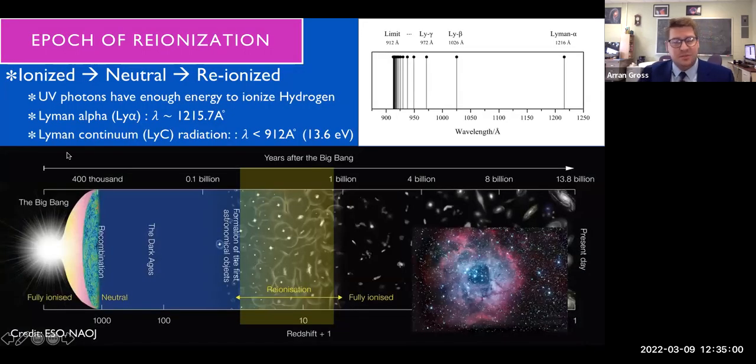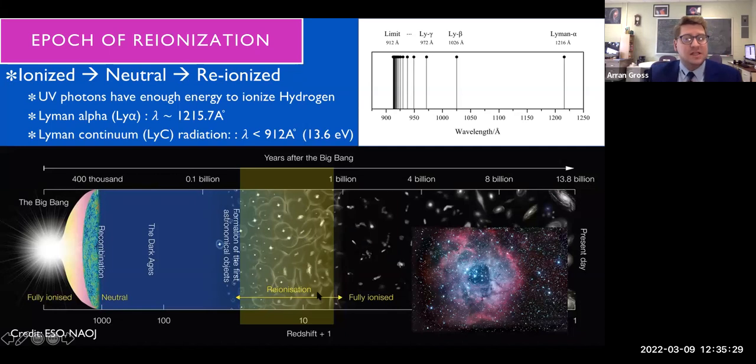Just to set the stage a little bit, looking back towards the beginning of the universe, we've got a nice illustration from ESO about progress through expansion. One question that is still outstanding in the field is just how did the universe change states from cold and neutral back to warm and ionized after the first stars and galaxies started forming during that epoch of reionization.